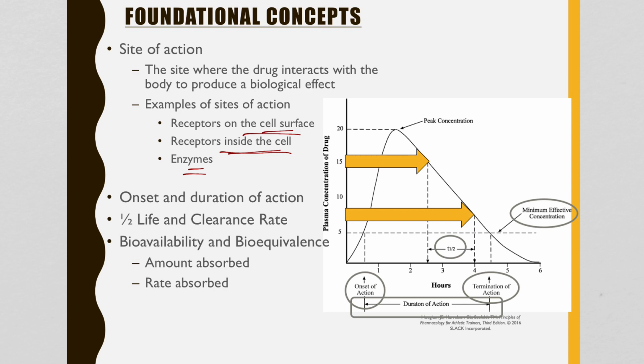Now, what we know about a drug is that once it hits the site of action, once it's actually in the bloodstream, we have two other pillars of pharmacokinetics. We have metabolism and then we have excretion, right? And those two key core pillars are working as the drug is at the action site.